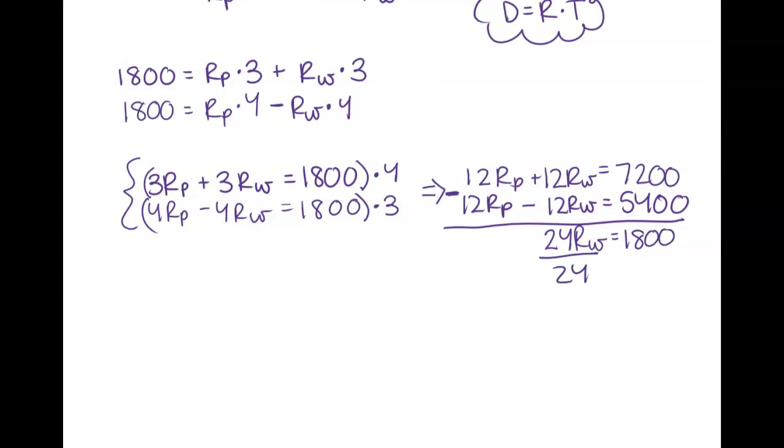If we divide by 24, 1,800 divided by 24, we get 75. So the rate of the wind is 75, and if you look back at our units, it was miles per hour. So that's the rate of the wind.